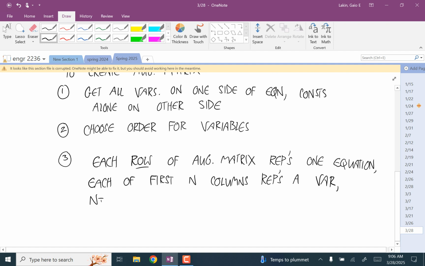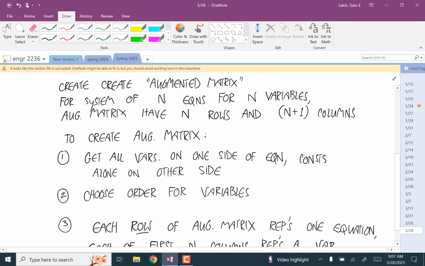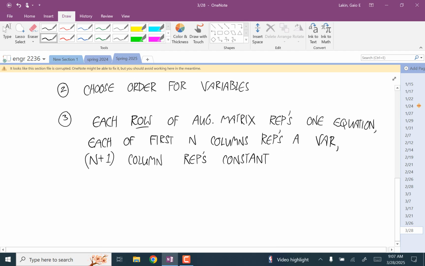So the n plus 1 column represents those constants. So let me show you how to do this in the equations above.